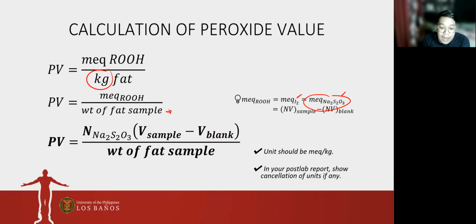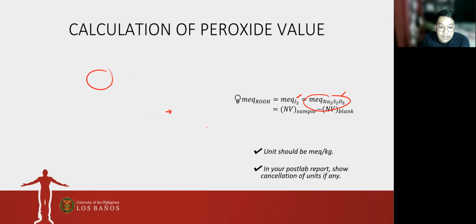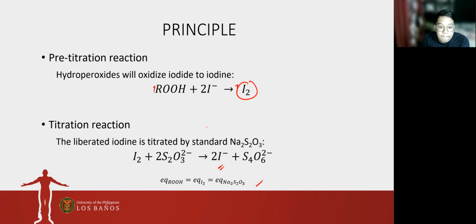Kasi nga, sa blank, wala ka namang oil na nagamit or na-introduce dun sa ating blank. That's why dito, kung ang blank mo ay walang ROOH, dapat wala kang mapoproduce na I2. Okay?